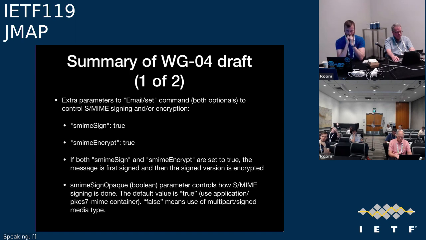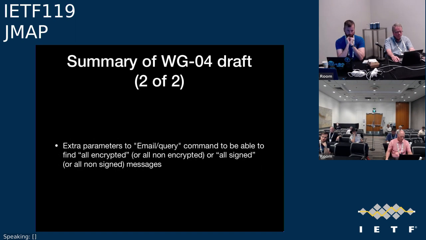If people want things like triple wrap, which is sign, encrypt, sign, then it's not possible to express this. Next slide, please. So the other thing is there is a way in the Email/query command to basically say, find me all messages which are encrypted or not encrypted, or signed, not signed.